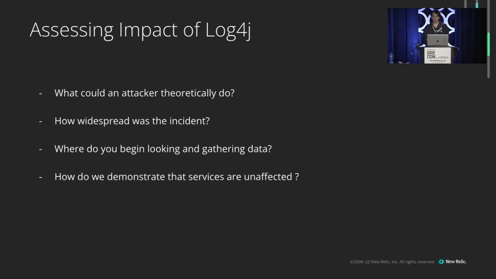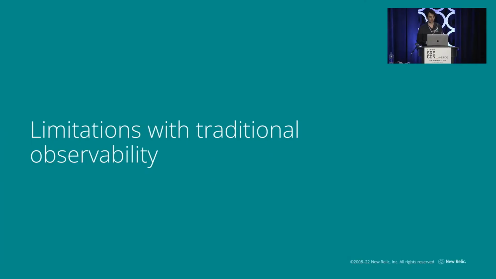It's very easy sometimes to see, hey, an attacker is in our login service, they're doing some nefarious things. That's easy to prove. But what if there's an attacker who's hiding his steps, hiding his footprint, and you want to be able to say, hey, our login service is affected, but our logging service is unaffected. Those are difficult questions to answer. And so when we first started dealing with Log4j, we focused on traditional observability.